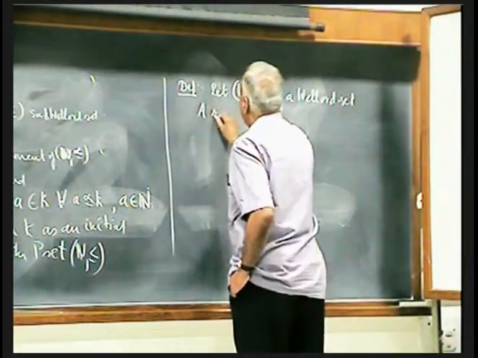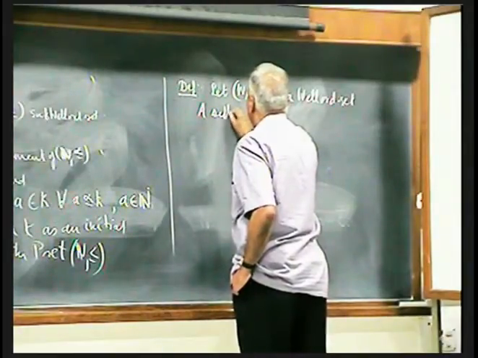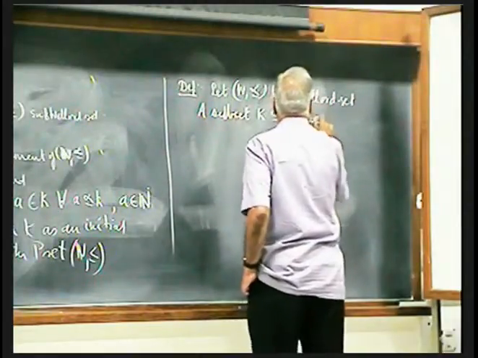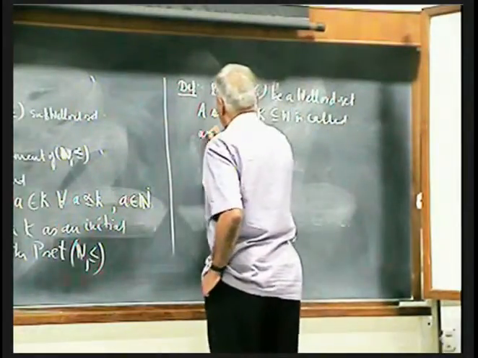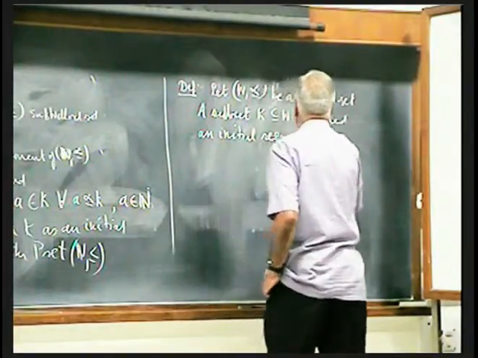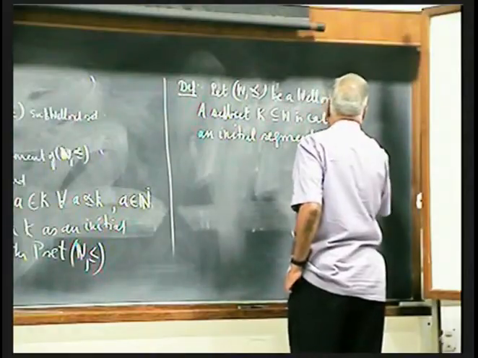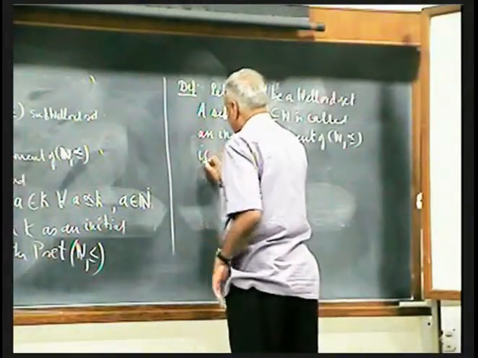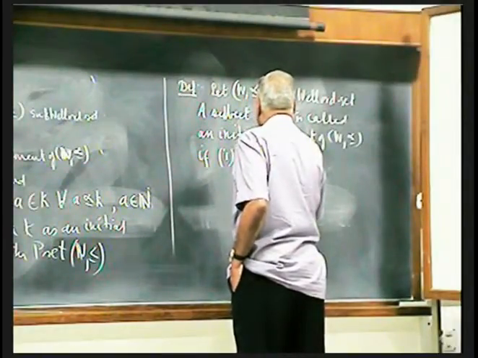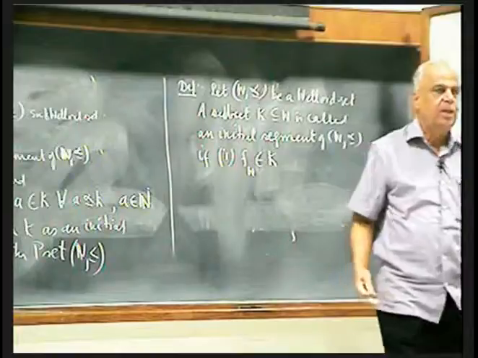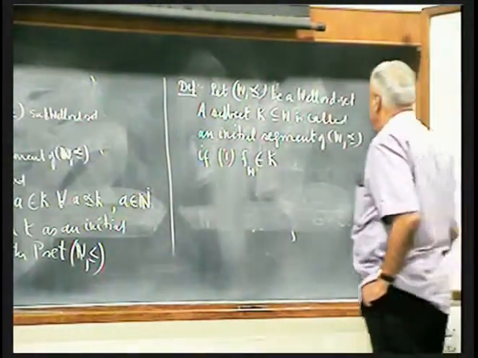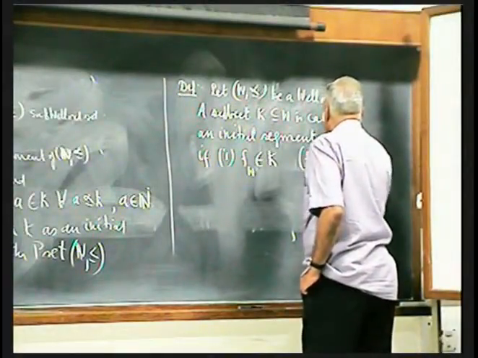A subset K of W is called an initial segment of the well-ordered set if those two conditions are there. If Fw belongs to K. Fw is the first element of the well-ordered set W. That's the notation we will use. Fw, first element of W.